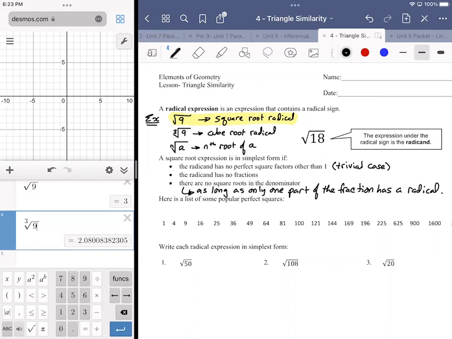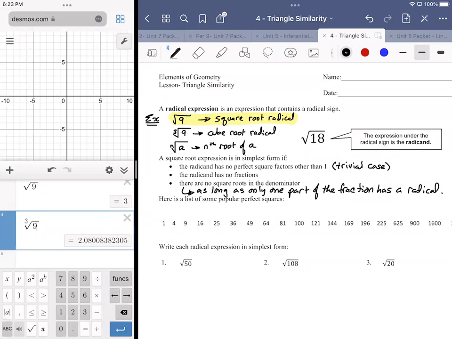So then it would be in simplest form. So that's the condition of the whole thing. We could say no square roots in the denominator. We could also say no square roots in the numerator. Ideally, we wouldn't have any square roots in either, but we've got to settle for some things, right?